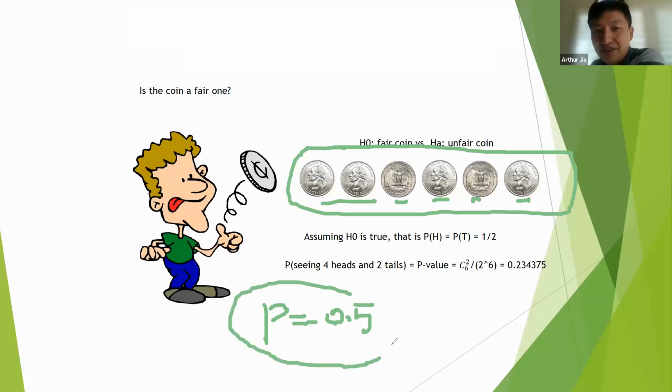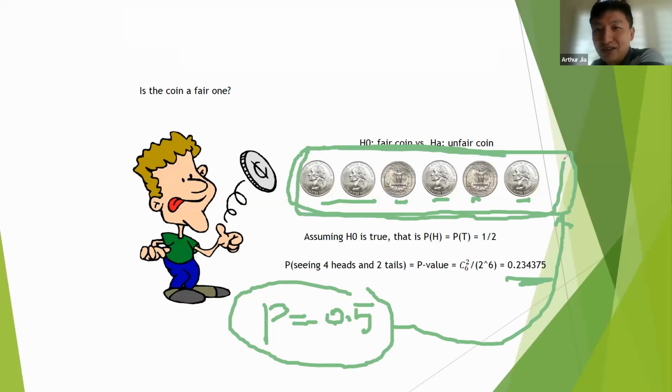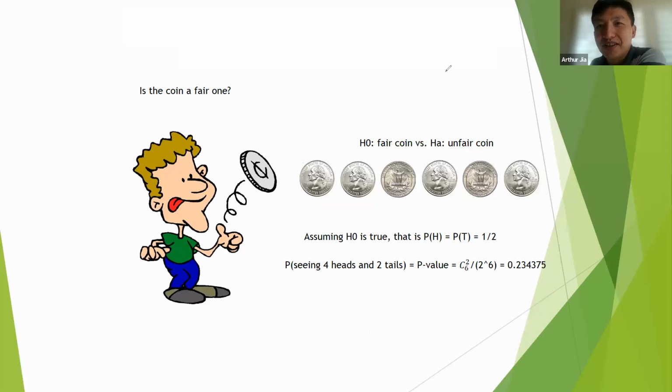Based on this, if it is true, what is the probability or likelihood of getting this result? This is the p-value that we calculate. So it's reasonable, which means this outcome actually supports the null hypothesis. We're going to take it, right? This is what we do for hypothesis testing.